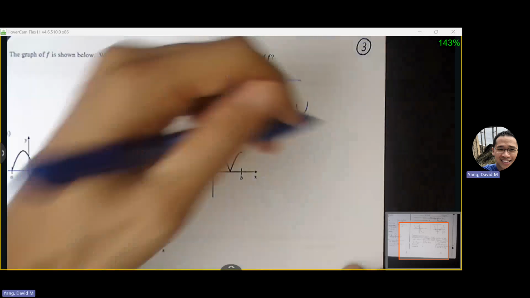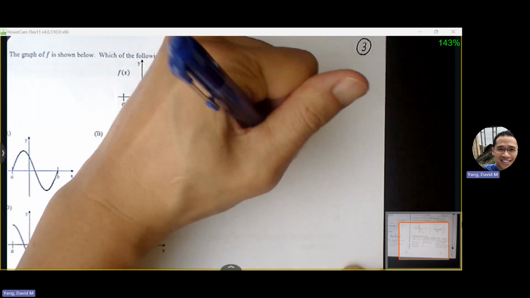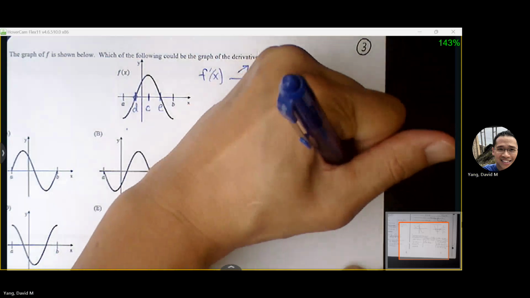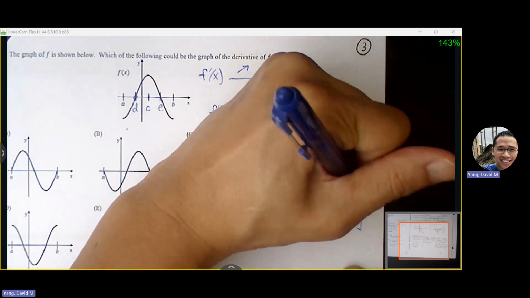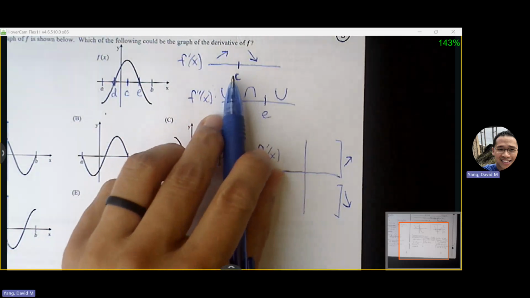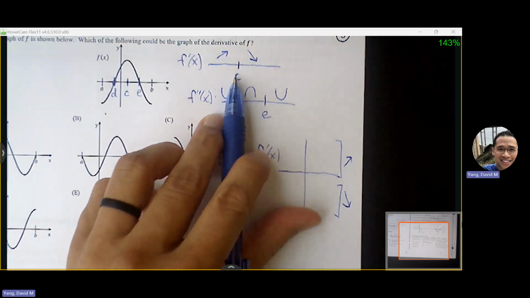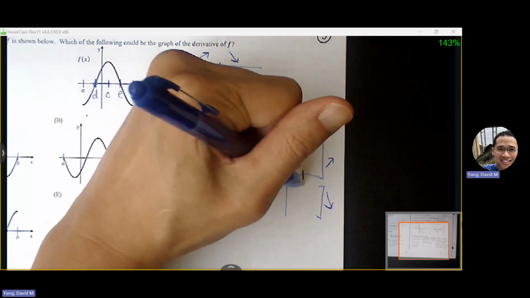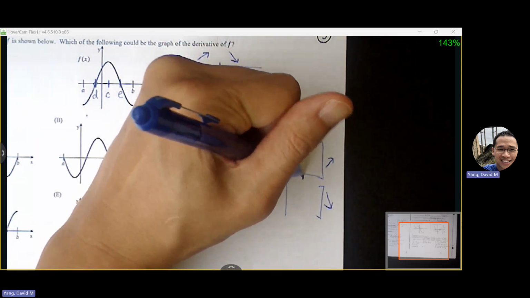Now, if I want to create my f prime graph, I know it is going to have this behavior. I know that point C is where my slope is 0, so point C will have to be on the x-axis.